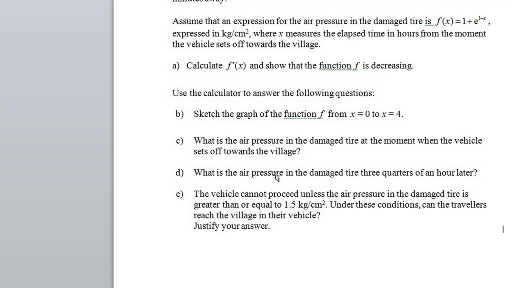What is the air pressure in the damaged tire 3/4 of an hour later? What should x be? Remember, x is the elapsed time in hours. So 45 minutes would be 0.75, since 1 would be 1 hour, but 45 minutes is 0.75 hours.